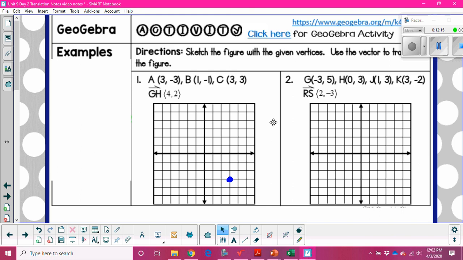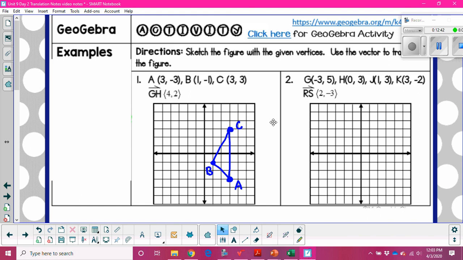That is point A. Point B is at (1, -1), right here. That is point B. Point C is at (3, 3). So 1, 2, 3 is right here. I'm just going to roughly draw the sides here. So there's our triangle.